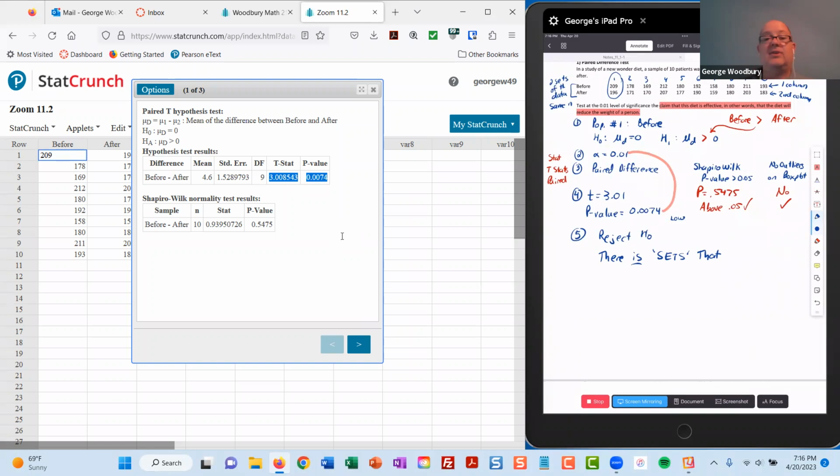If H1 is a less than sign or a greater than sign, that means that we can take the wording right out of the problem. If H1 is a not equal to sign, then we need to rewrite this in terms of being different. But because the sign was greater than, we can take it right out of the problem that this diet is effective.